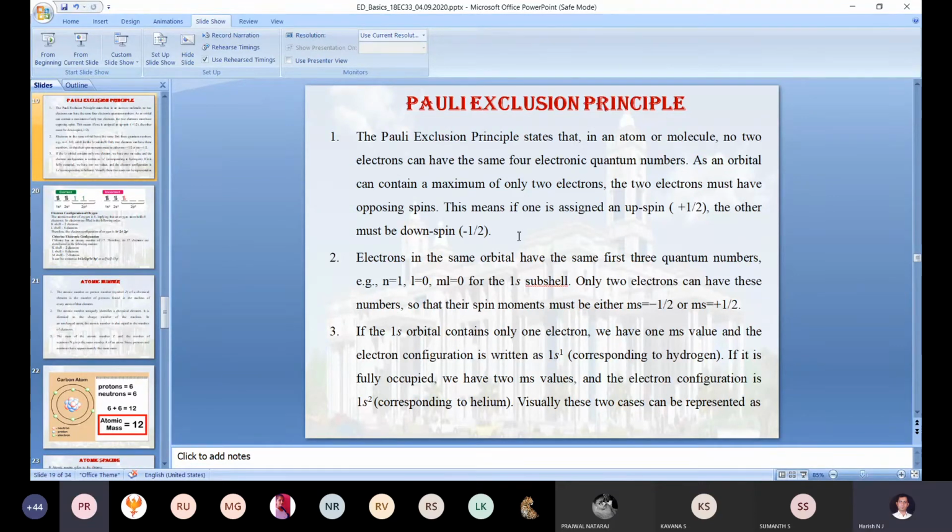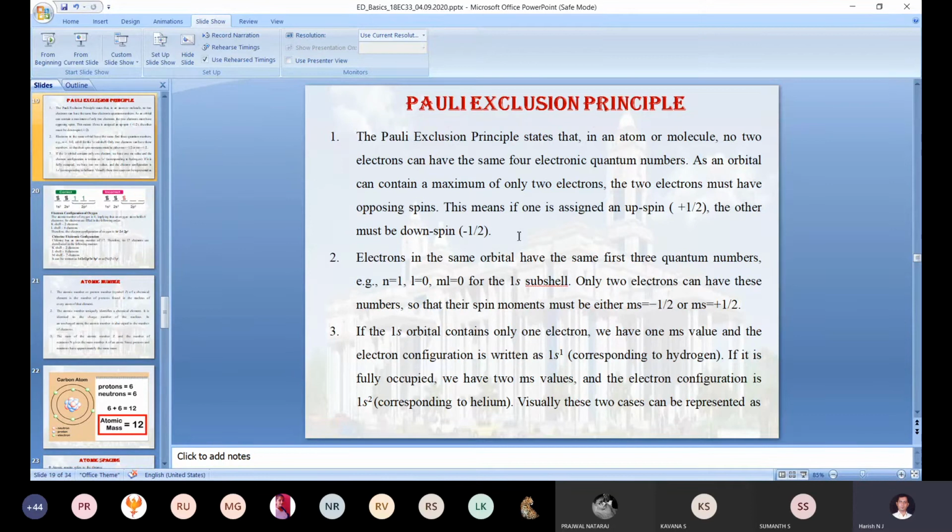What are the 4 electronic quantum numbers? N, L, ML, MS. You can take any atom and any orbit. For example, the first orbit holds only 2, the second orbit a maximum of 8, the third a maximum of 18, and the fourth a maximum of 32.